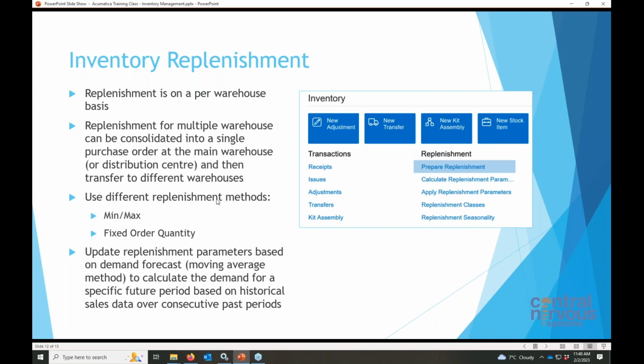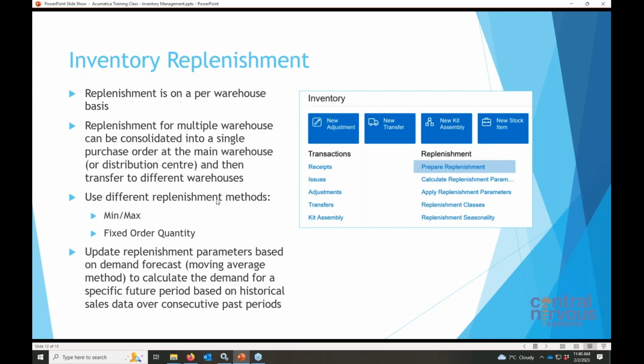So we have different methods for replenishment and how we base our replenishment. We could use minimum and maximum quantities, or we could also have fixed order quantities. A couple different reasons for having mins and maxes might be storage capacity, so we don't want to overfill the location or the warehouse.